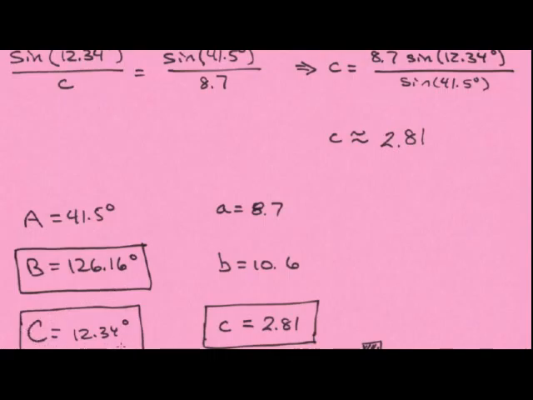Angle C was going to be 12.34, and the length of side C was going to be 2.81. And so, because we have values for the triangle in this particular case, that's how we know that we've got two possible solutions in this case.